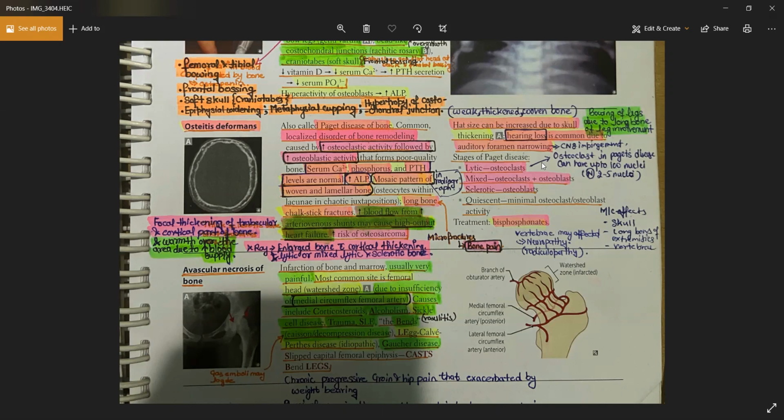See, the first phase in Paget's disease is the lytic phase. All this disorder which is happening, it is because of the high activity of the osteoclast. Okay, only in response to these osteoclasts, the osteoblast will become activated and can cause a disease, right? So if the high activity of osteoclast won't be there, then high activity of osteoblast is also not there.